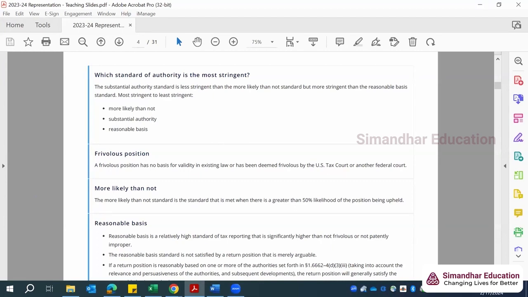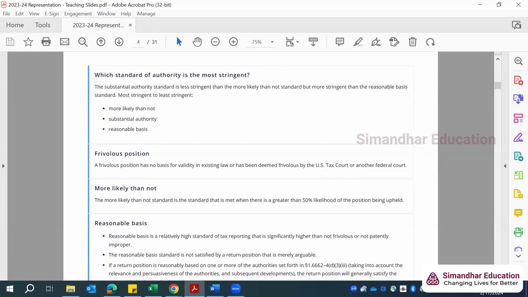So if I am routing all my profits to a jurisdiction where there is negligible tax or no tax, because that's why they are called tax havens, or I'm doing a structuring in a way where my profits are all going to sit in a jurisdiction where there are no taxes or very little taxes, then those kind of positions or structurings should have more likely than not standard.